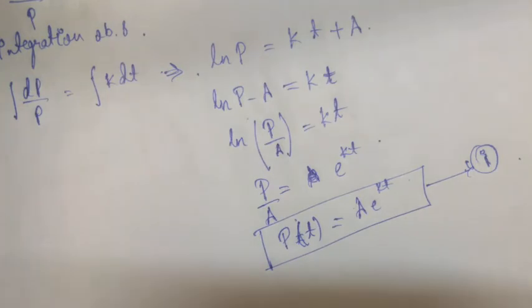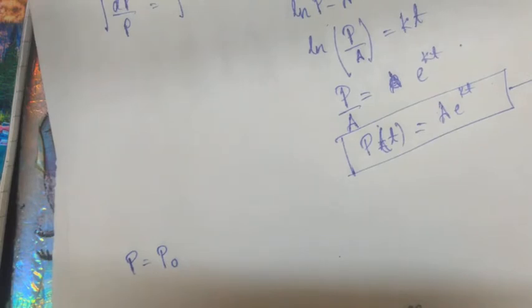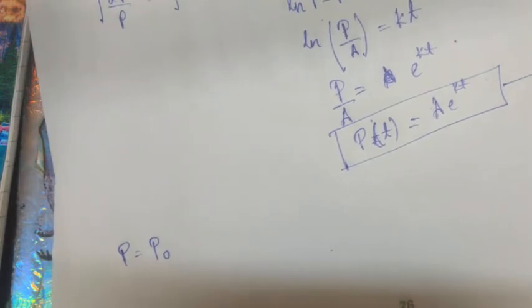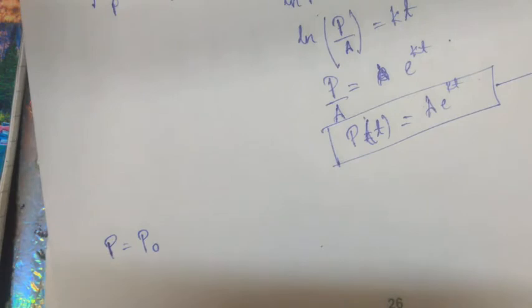Let's take this for the initial population. Let's take P is equal to P naught. It is an initial condition. We can't take P, which represents population, in negative form, as we can't say negative people or -1 people.